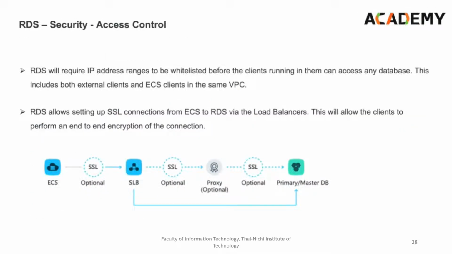So for the RDS security access control, it will require the IP address ranges to be whitelisted before the clients running in them can access any database. This includes the external clients and ECS clients in the same VPC. The RDS allows the setting up of SSL connections from ECS to RDS via load balancers.